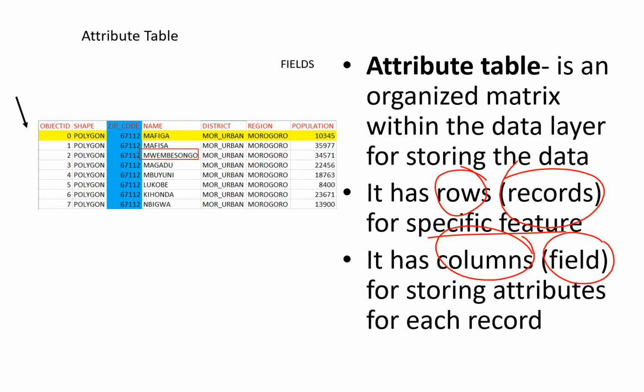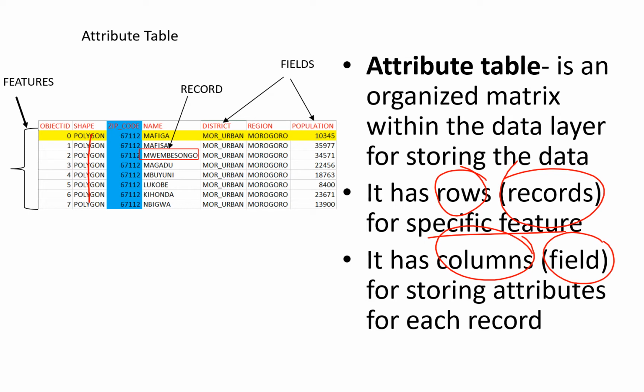So here I'm giving an example of how the attribute table looks like. So we have the records, and then we have the fields, as I've just said. And this is the list of features, and here we are seeing that we have several polygons.